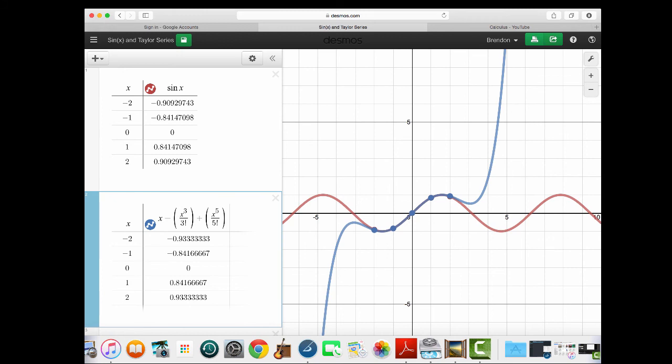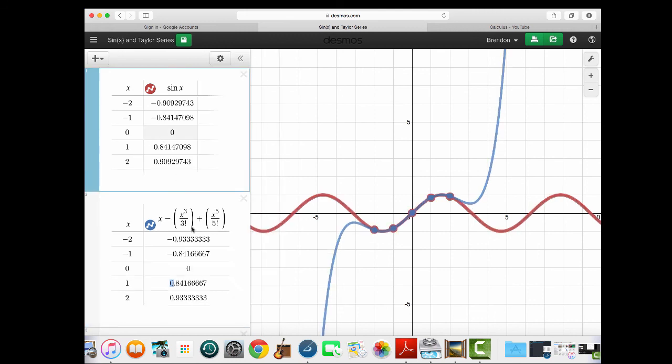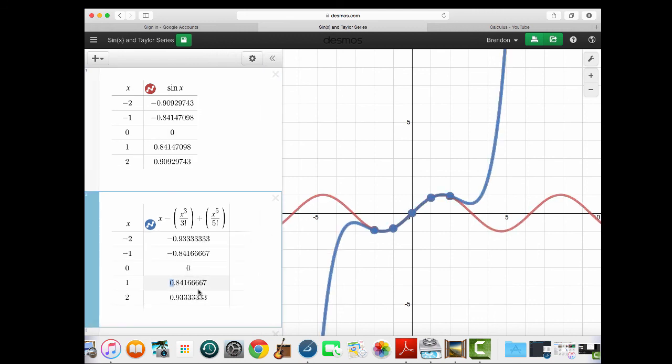When you move slightly outside that value, for instance at x equals 1, they differ, but they don't differ by a whole lot. I mean, 1 is a pretty big distance, but they only differ by, it looks like, not even till you get to the 10,000th place. So that's pretty good. That means our polynomial does a really good job of approximating sine of x near x equals 0.